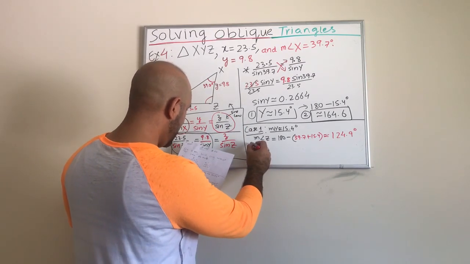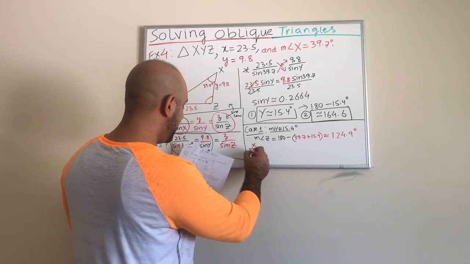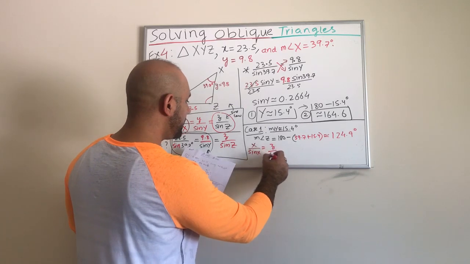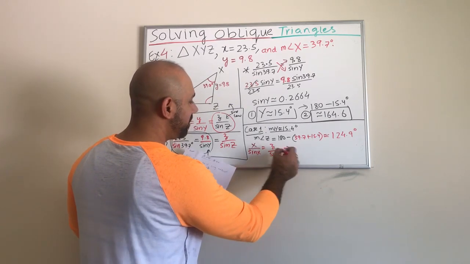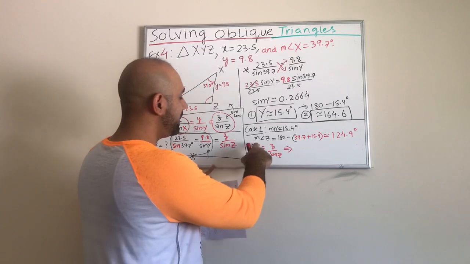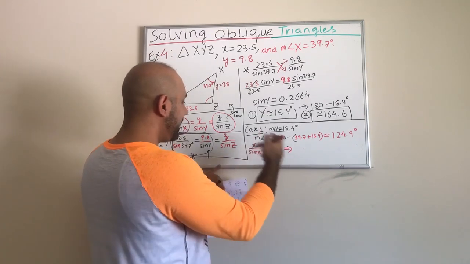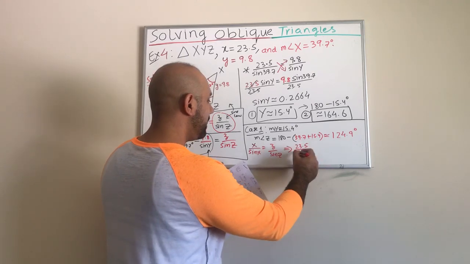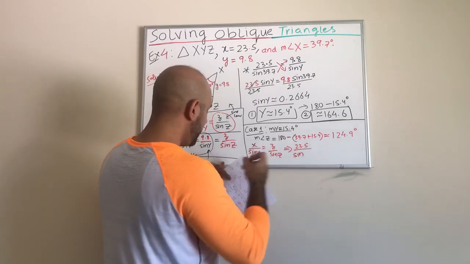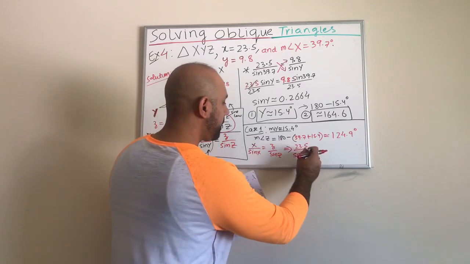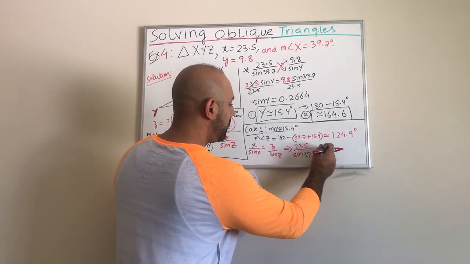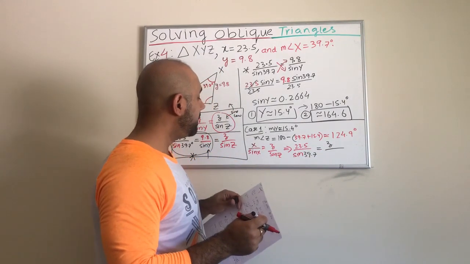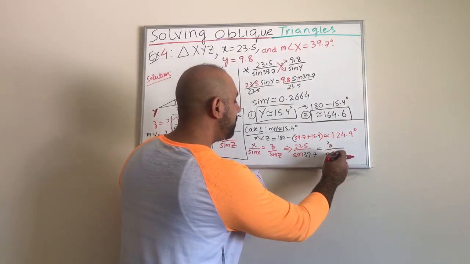So I wrote x over sine x equals z over sine z. I always like to write the general forms first, and now I'm going to replace the values for x and sine x and z and sine z. So I have x is 23.5 divided by sine of 39.7 equals z, the missing parameter, divided by the sine of z.